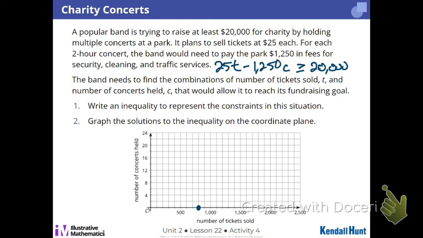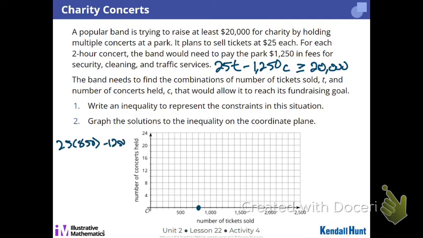So next thing we need to do is look for another ordered pair to get to 20,000. Anybody got one? Yeah, Raymond? Does 850 comma 1 work? So we can figure it out. 25 times 850 minus 1250.